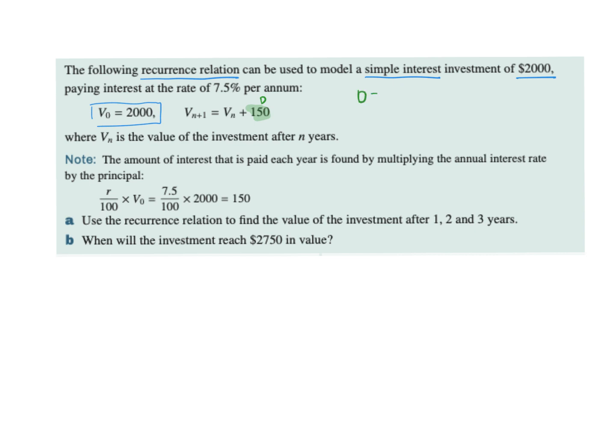And the way they found the D value was they did R over 100 times V0. So when they did 7.5 divided by 100 times 2,000, that's why they've got 150, because that equals 150, okay?